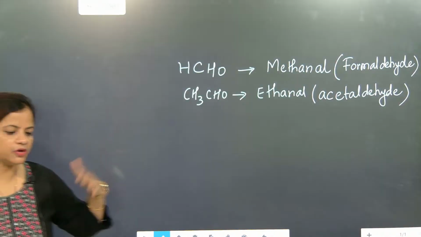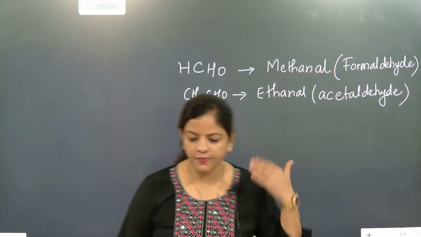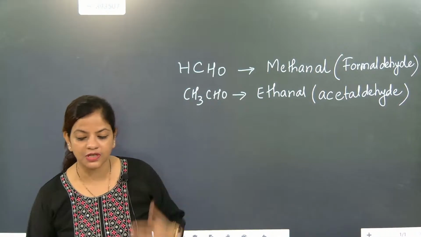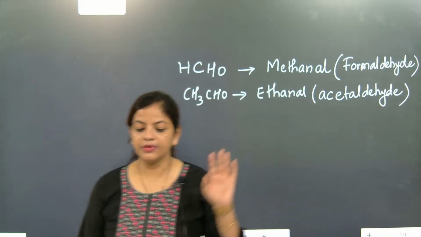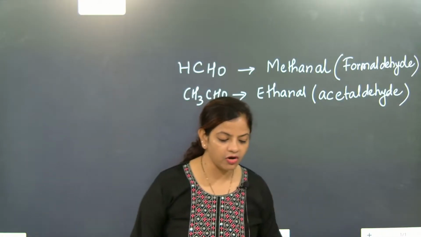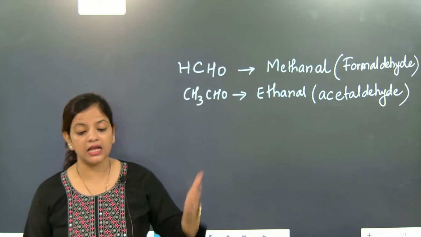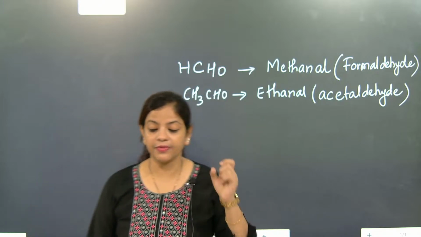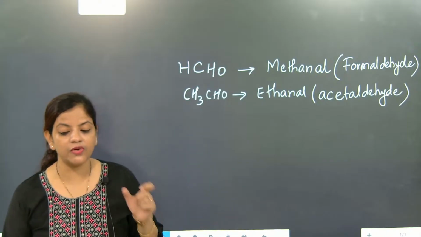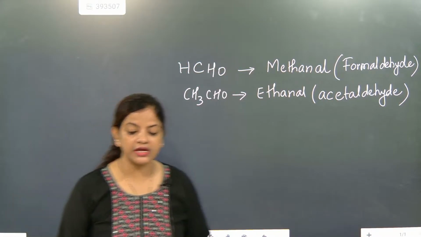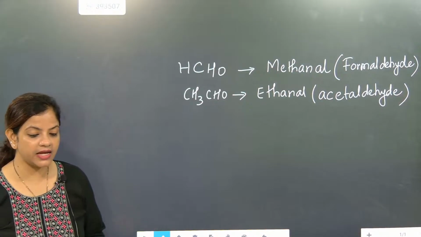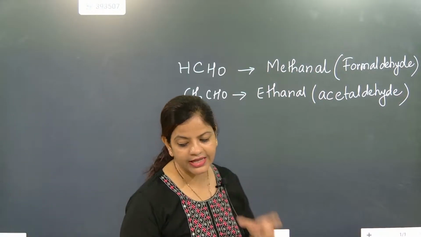Absolutely correct. Super. The common name is acetaldehyde. Ethanol, methanol, propanol, butanol, pentanol, hexanol, heptanol, octanol, dodecanol, like that we can say, but we add al at the end. Acetaldehyde, formaldehyde, like that we are adding.